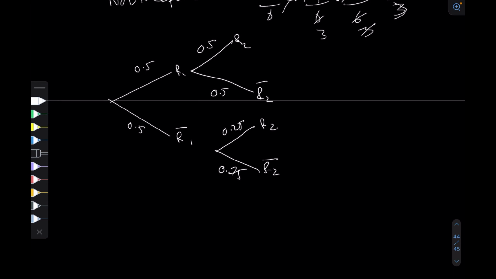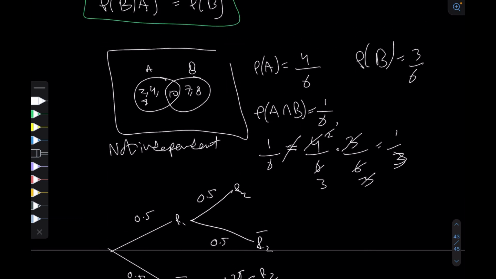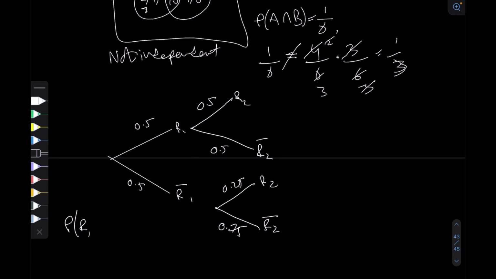Now if you want to check whether the events winning round 1 and winning round 2 are independent or not, what you can check is whether R2 given R1 is equal to just the probability of winning R2. So if R1 and R2 are independent, then the probability of R1 given R2 should be equal to the probability of R1, right?